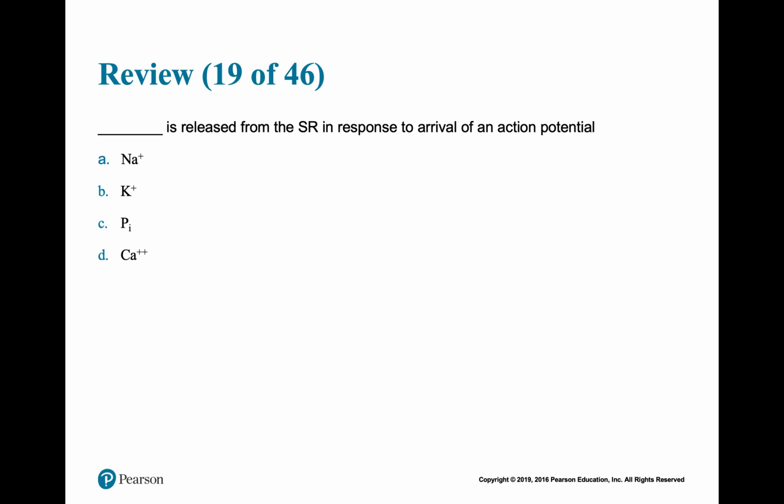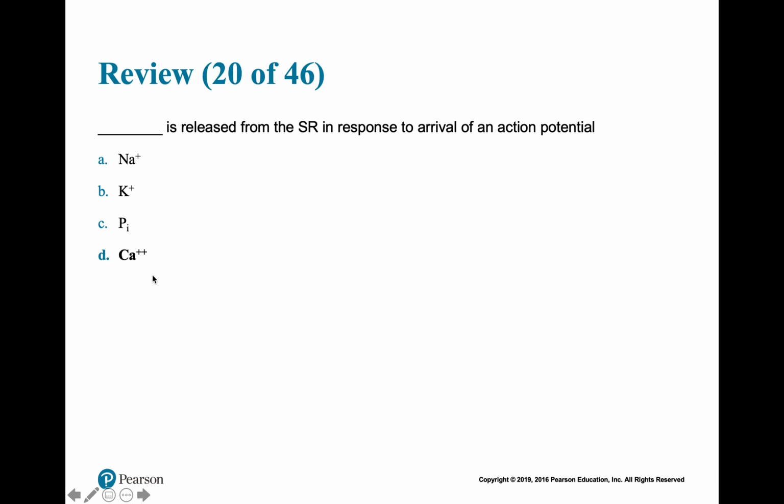So when that action potential arrives at the T-tubule, that change in voltage opens voltage-gated calcium channels on the terminal cisternae of the sarcoplasmic reticulum, and that causes the release of calcium into the cytoplasm.